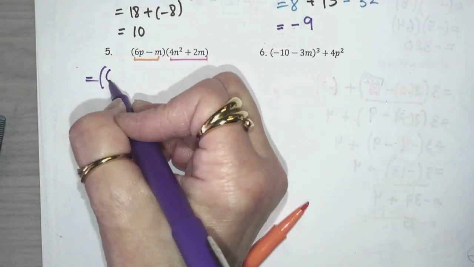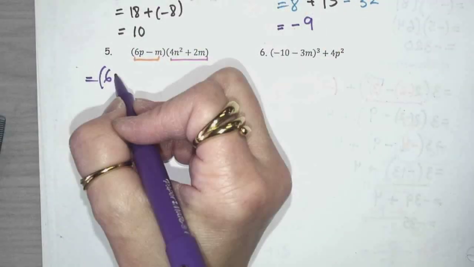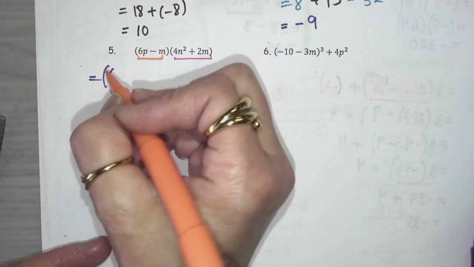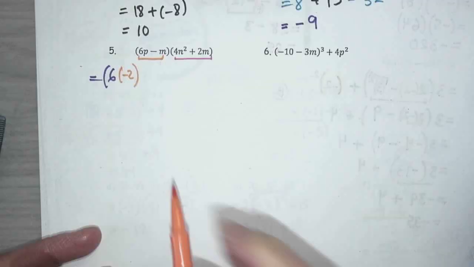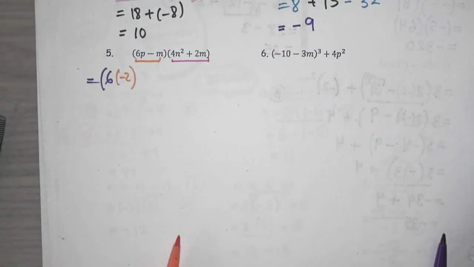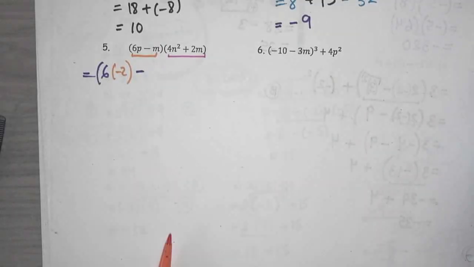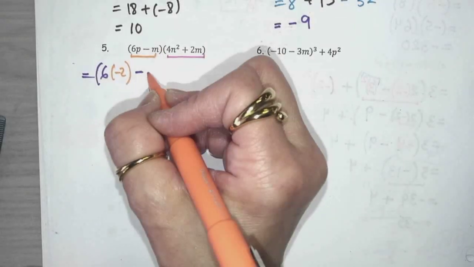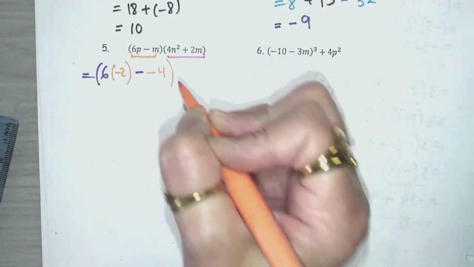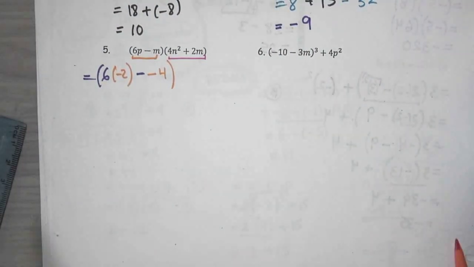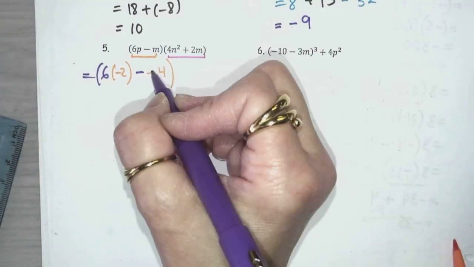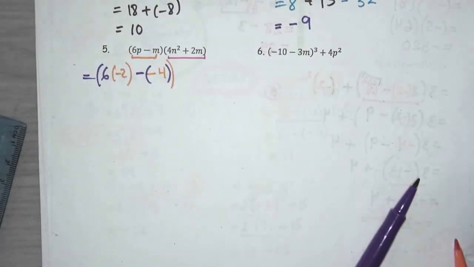So 6 times p. P above is times negative 2. So negative 2 minus m is negative 4. I'm not going to do the second one in a bracket, that doesn't make sense anymore because you have a minus negative 4. So I do need you to put this in a bracket. So I'm going to highlight that.